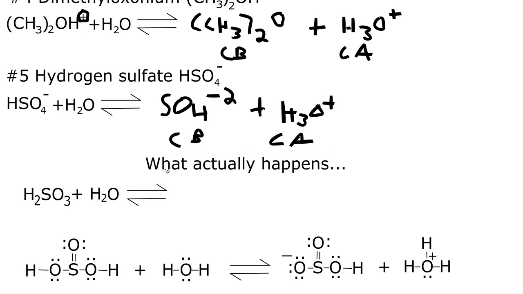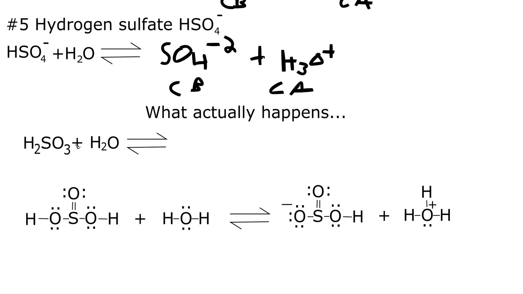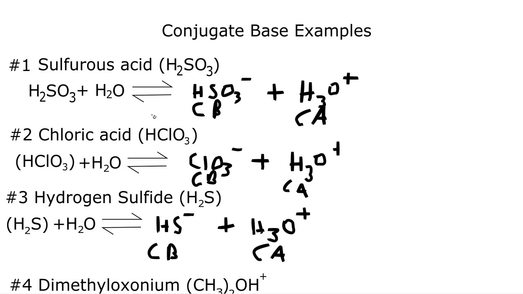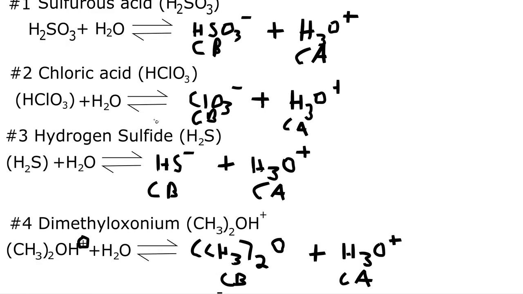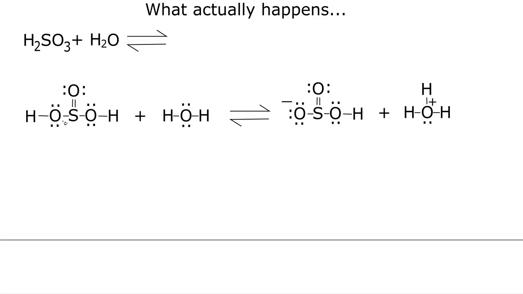So what is actually happening when our molecule donates a proton? Well, when I drew out this Lewis structure, it makes things much more clear. Now, as you can see, this example is the same thing from number 1, sulfurous acid being mixed with water. So we have our Lewis structure for the acid. We have H2O, and then we have the conjugate base and the conjugate acid. So what do acids do?